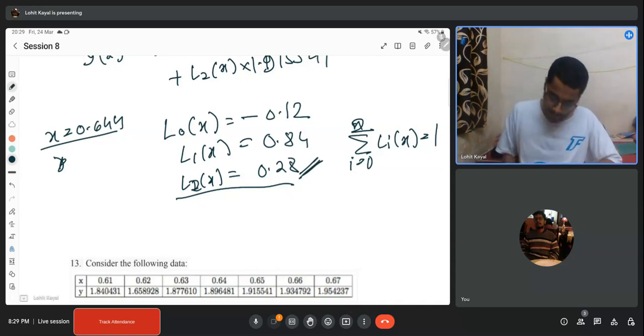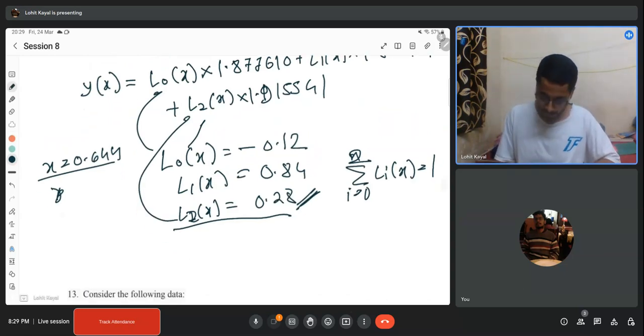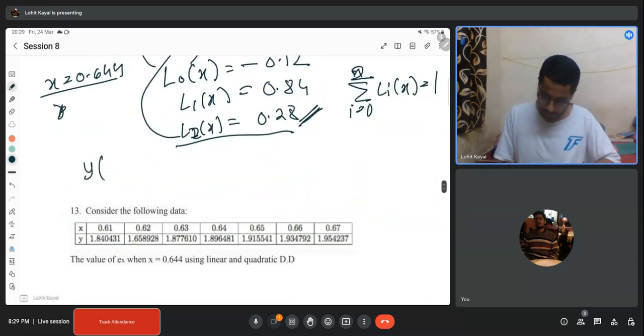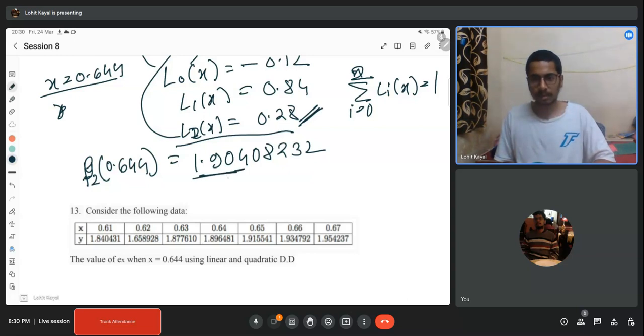Okay. Now, if you put these values in this expression, you will find that f2 of 0.644 is equal to 1.90408232. So previously for the linear scheme, it is correct up to 3 decimal points.